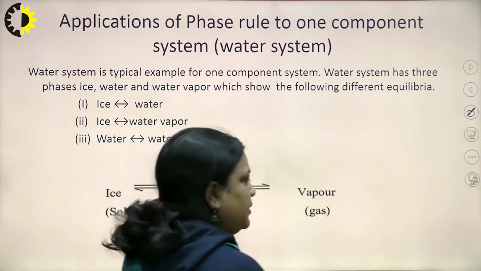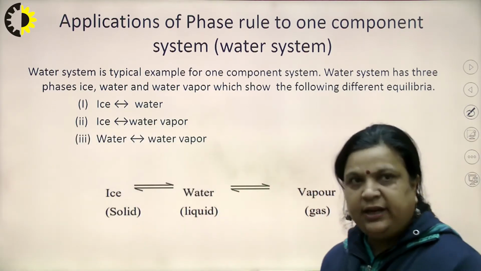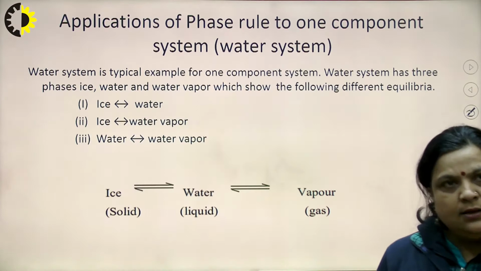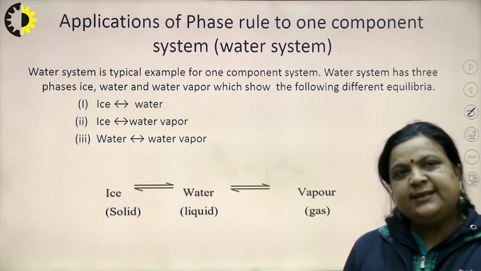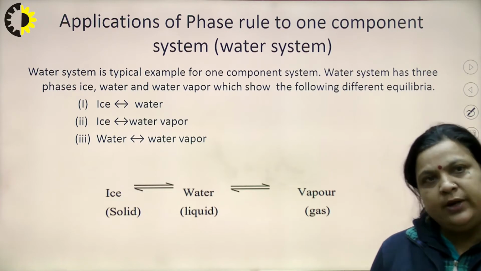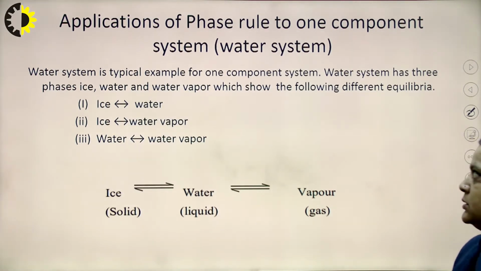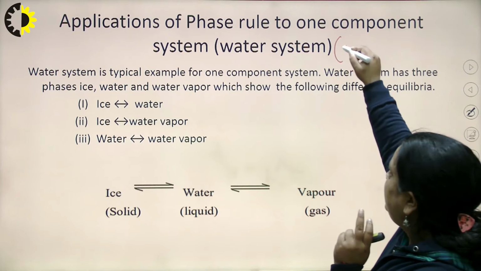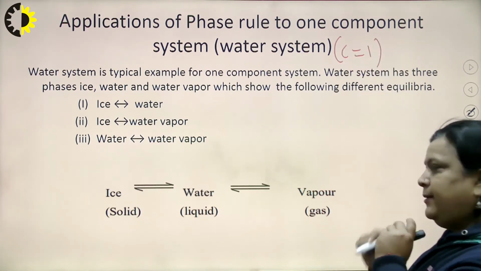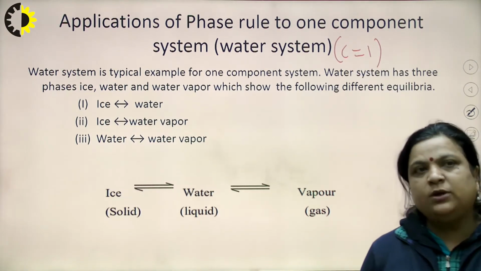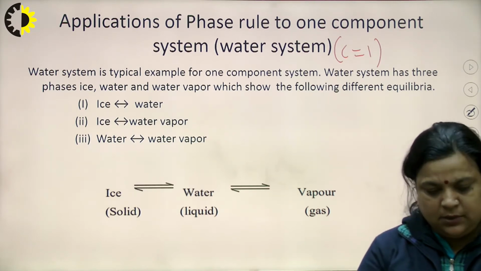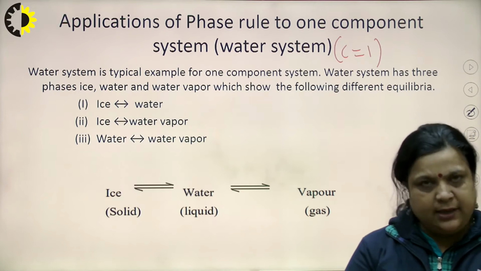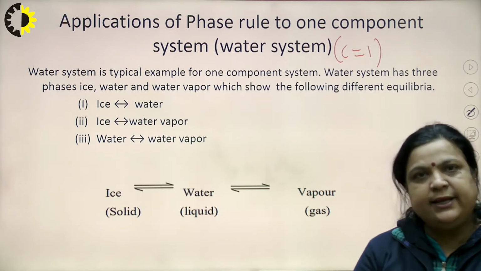we know that water exists in three forms: solid, liquid and gas, and in any form water is always expressed as H2O. So, it is a one component system. So, for the water system C will always be 1. Now, there are three possibilities: either solid and liquid are in equilibrium, liquid and vapor are in equilibrium, or solid and vapor are in equilibrium.